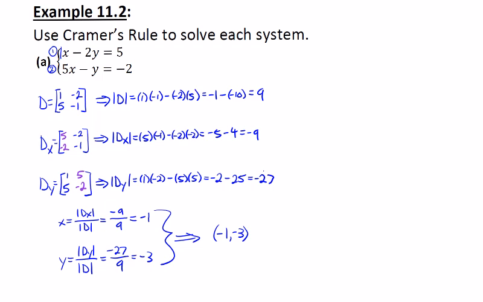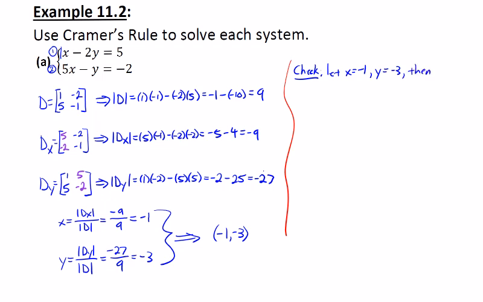With the elimination and substitution techniques, we always said the final step was to check. There's no exception here. We can check. We're going to take the values that we just came up with. I'm going to let x be equal to -1, y be equal to -3.